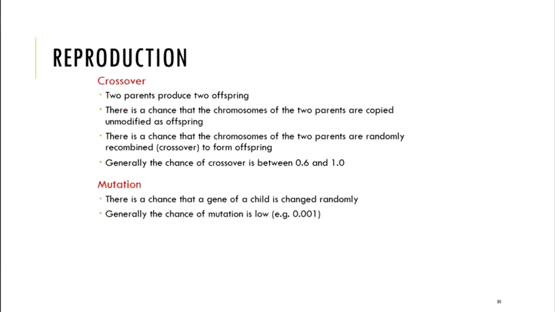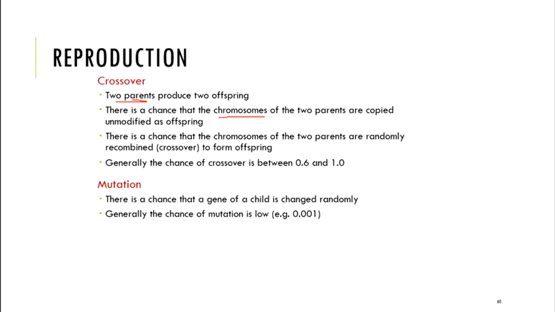Crossover is the primary operator, and mutation only serves in finding new combinations or diversifying the population. What crossover does is two parents or two individuals are selected and we combine the chromosomes or the genes of one individual with the other individual.